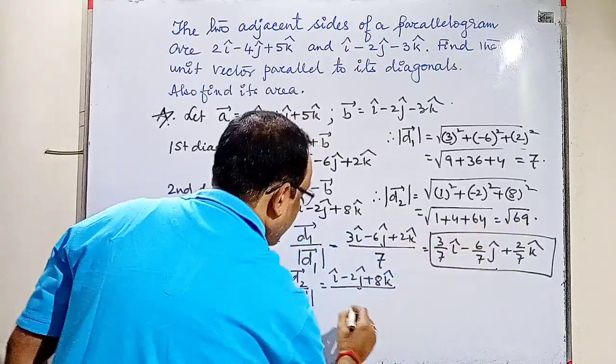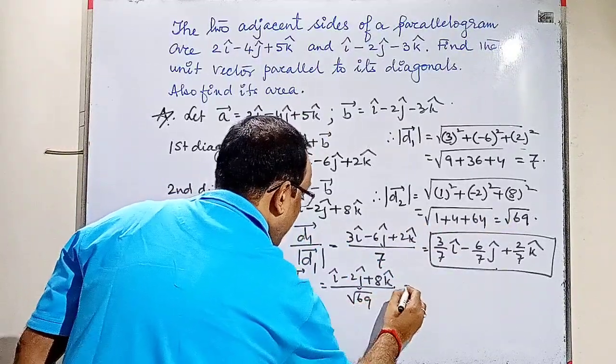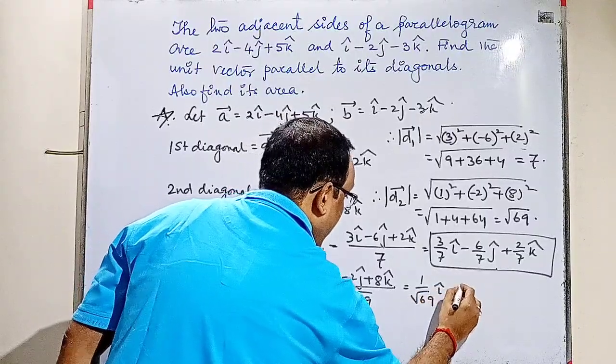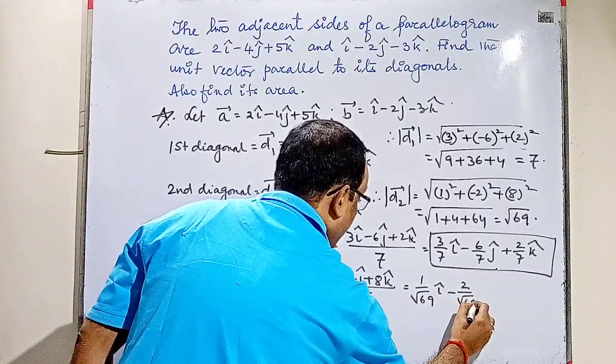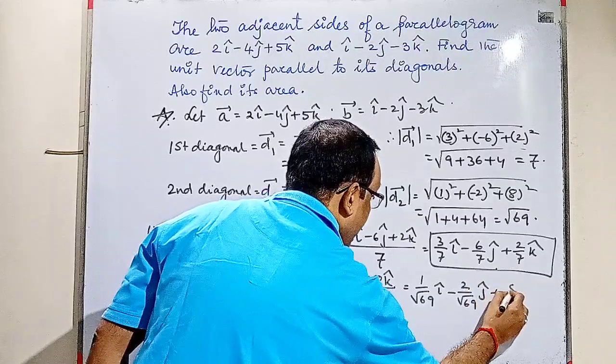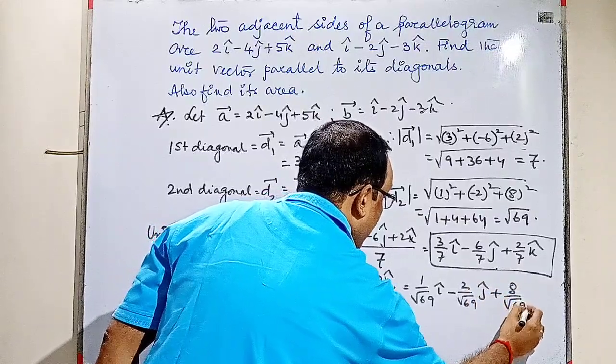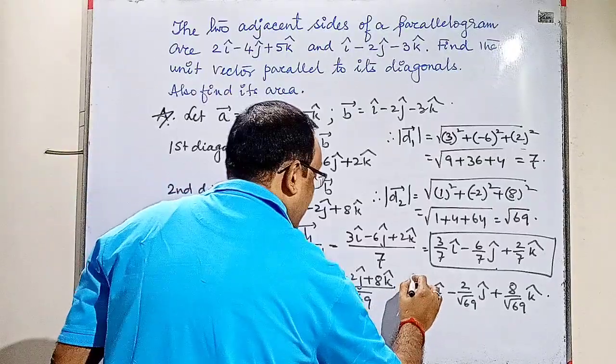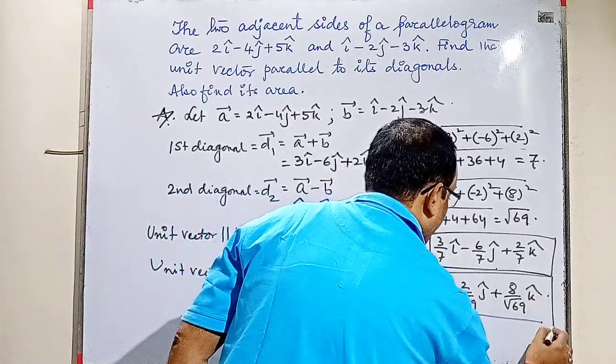Magnitude of D2 is root 69. So this will be equal to 1 by root 69 i minus 2 by root 69 j plus 8 by root 69 k. So I got the two unit vectors as this.